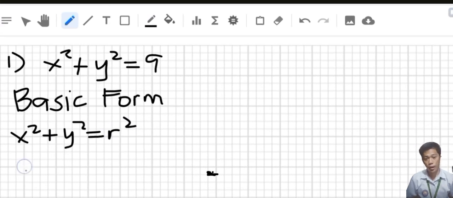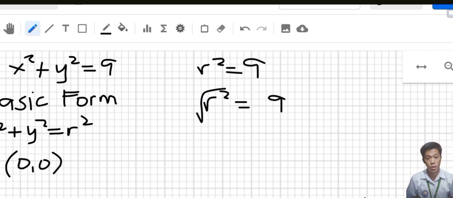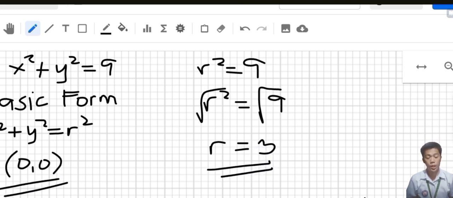Note that the center of this equation is at the origin, or (0, 0). Now let's find the radius. r squared is equal to 9, and the square root of 9 is 3. So therefore, we have the center (0, 0) and the radius of 3.